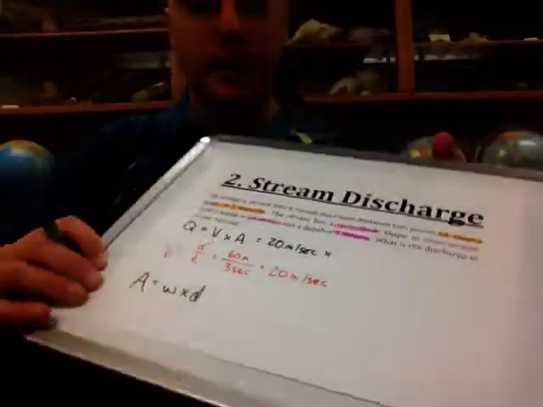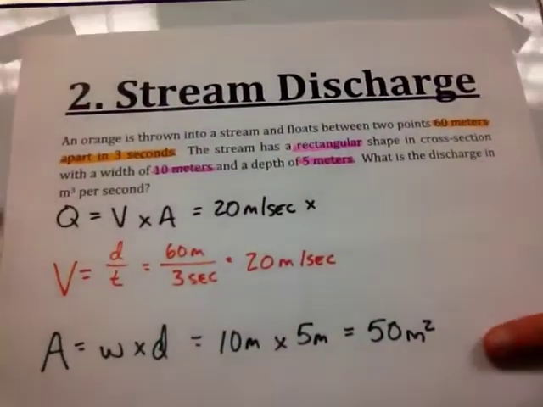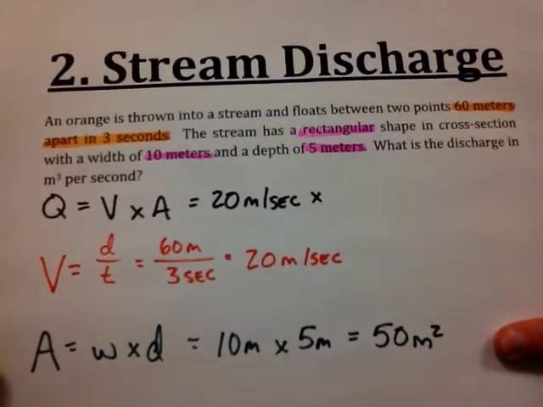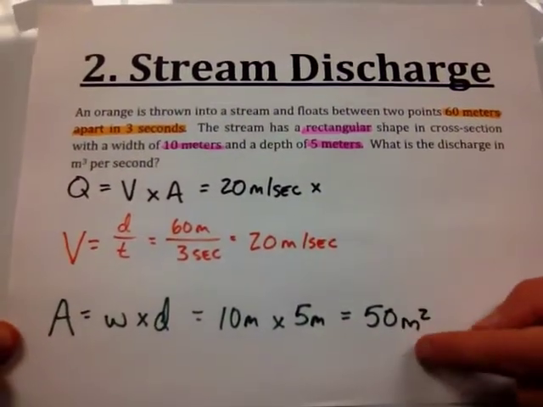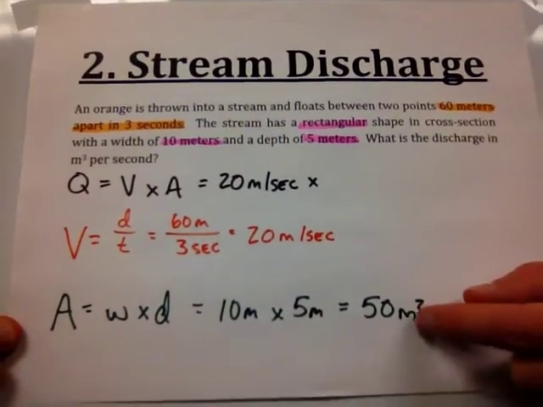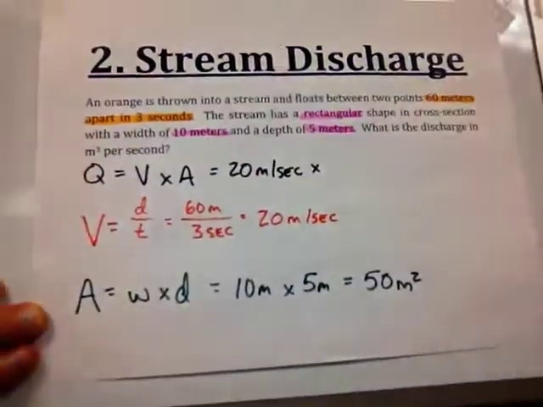So we have a 10 meter width times a 5 meter depth, and when we multiply those, we find that the area is 50 square meters. Because it's an area, the distance unit is squared, and we're in meters, which is what we want our answer in.